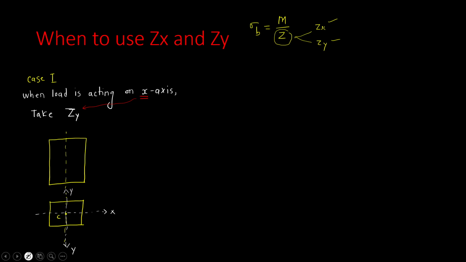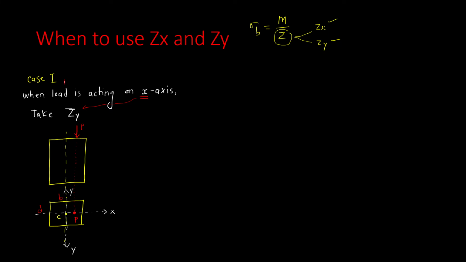Let's take this example, that the load is acting here. In the question it will be mentioned that it is present on the x-axis or y-axis, that is, on the axis bisecting the width or the axis bisecting the thickness. So if you have identified the location, let's say the location is here, point P. You can see point P is present on the x-axis.